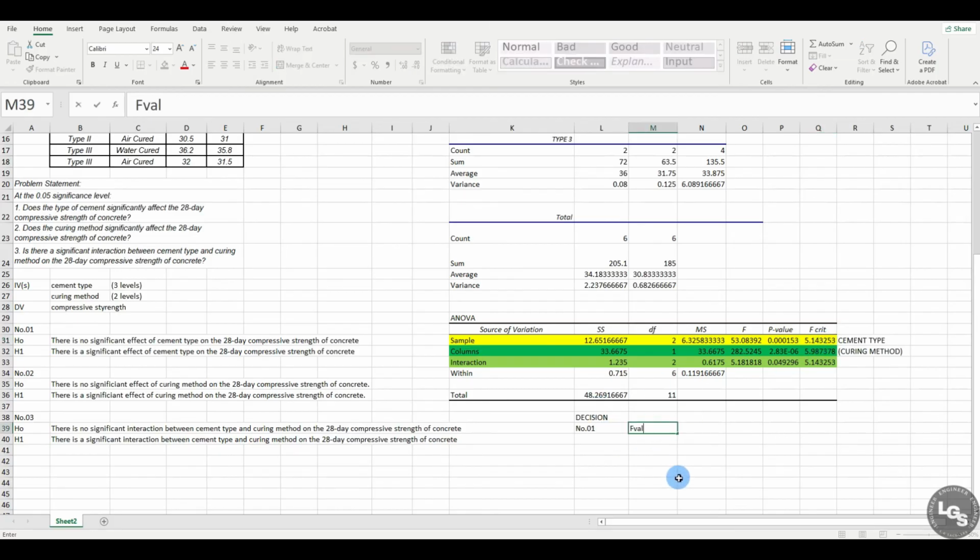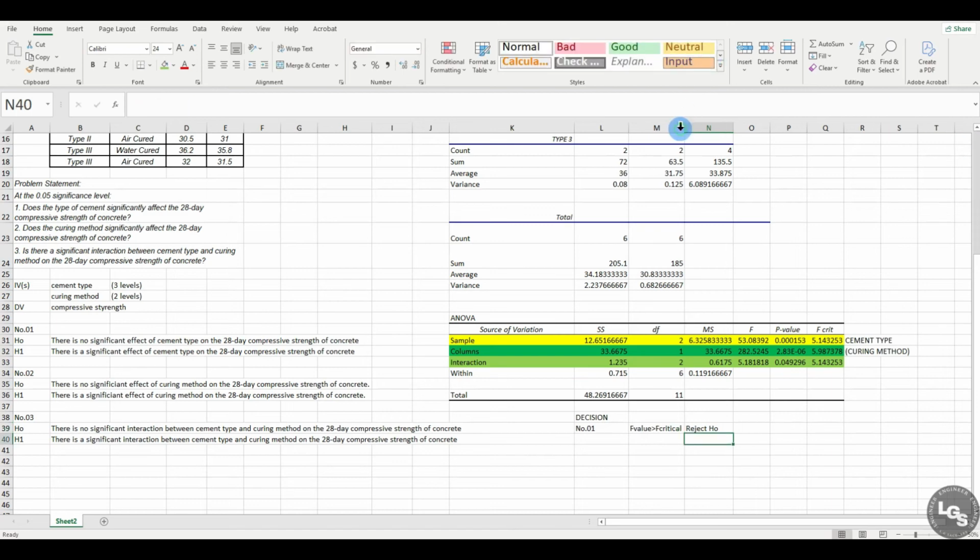So the F value is greater than the F critical, meaning we reject the H0. The same if we use the p-value: the p-value is 0.00015, which is less than the alpha 0.05, so we also reject the H0. So that is our decision for number 1.